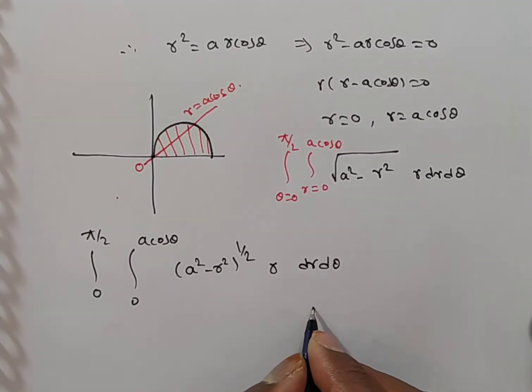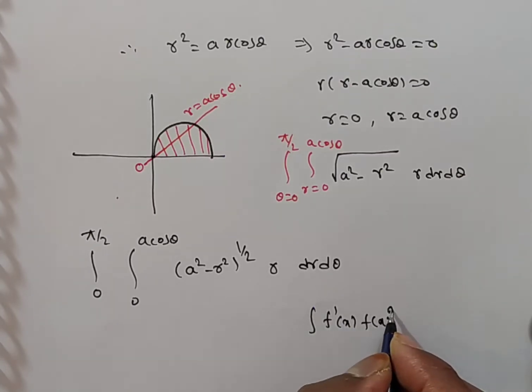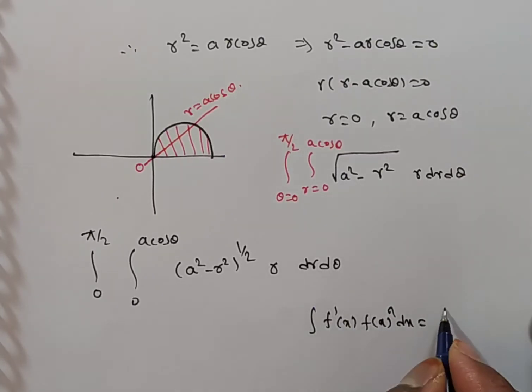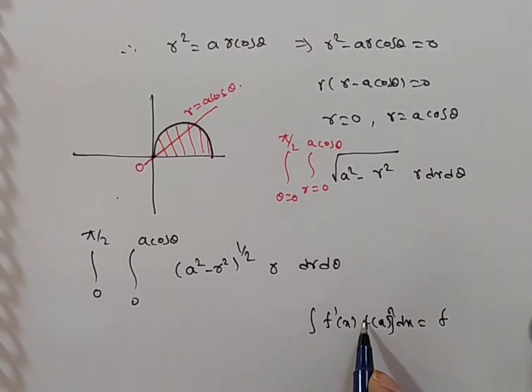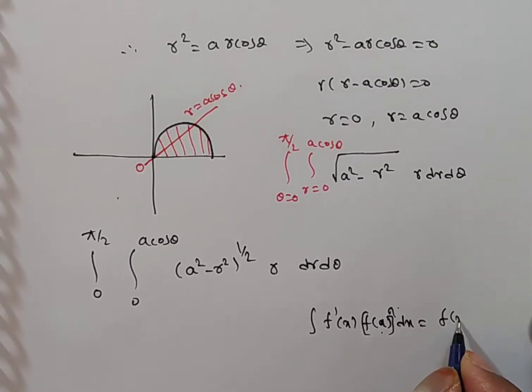We have a formula in the indefinite integral: whenever f dash of x into f of x all to the power of n dx is there, and the bracket derivative is beside, then this integration is bracket power plus 1 by power plus 1, plus c.